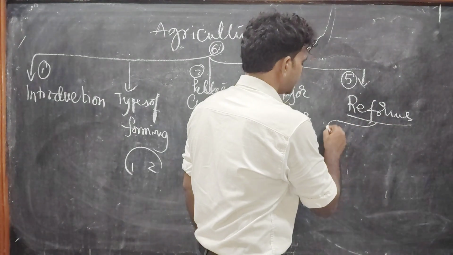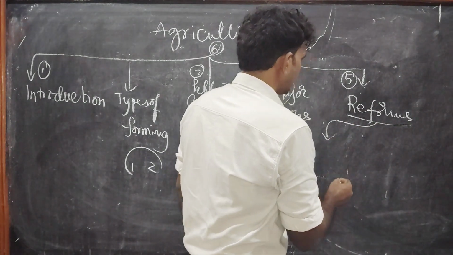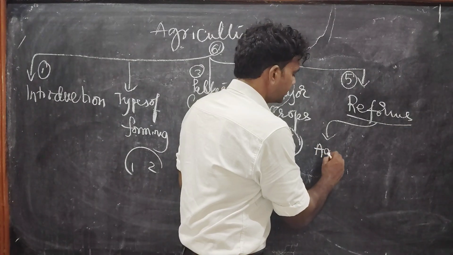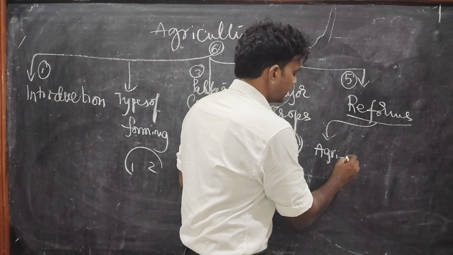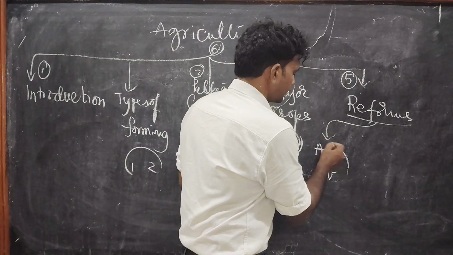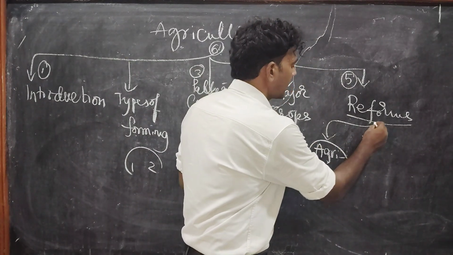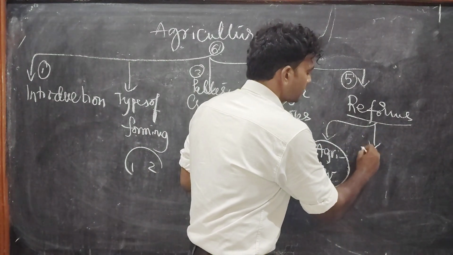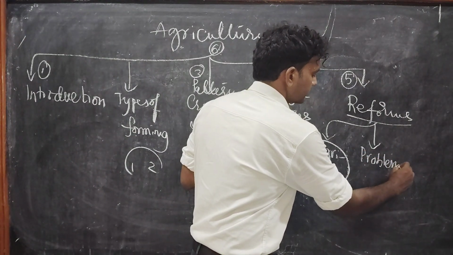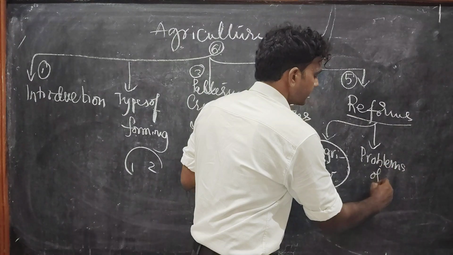What are those? First, development of agriculture in India, the first subtopic, and then problems of agriculture.